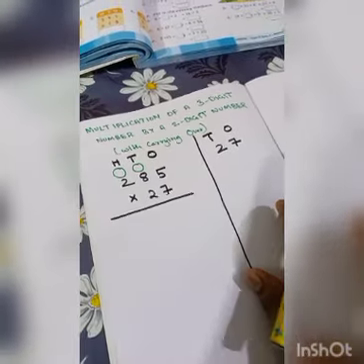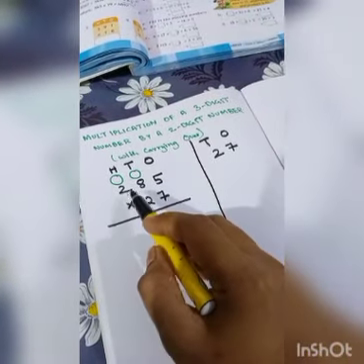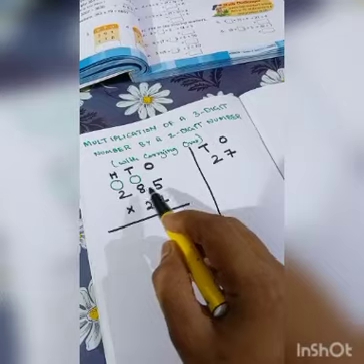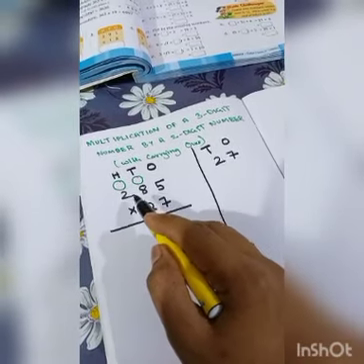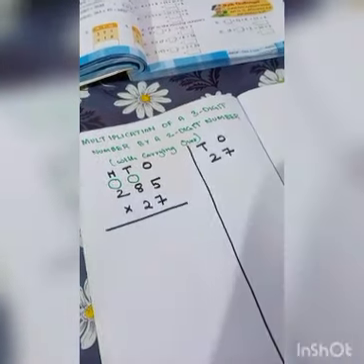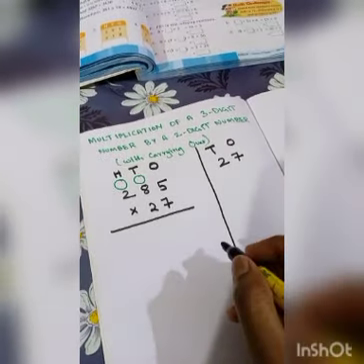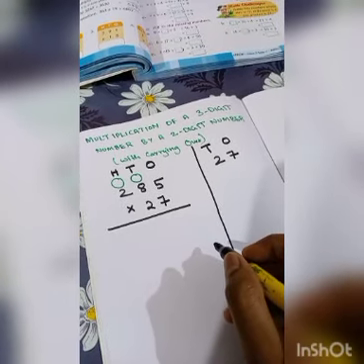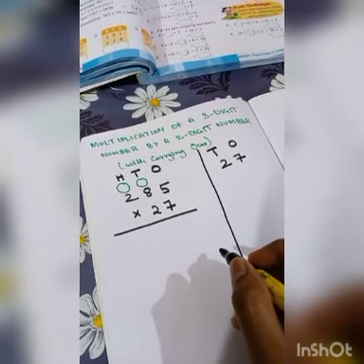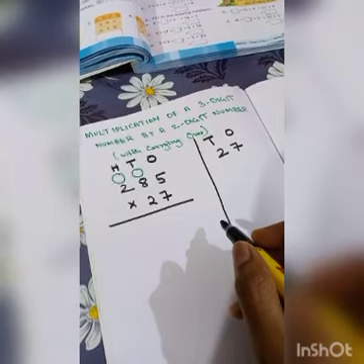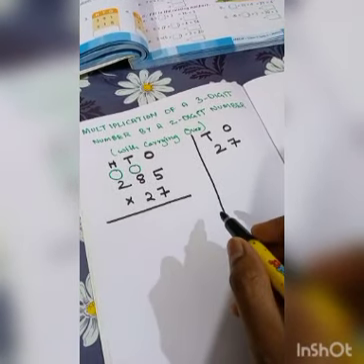Okay, so here we have two numbers. We have to multiply this. I hope everyone has learned the multiplication tables. So if you learned multiplication tables, multiplication of digits will be easy for you.